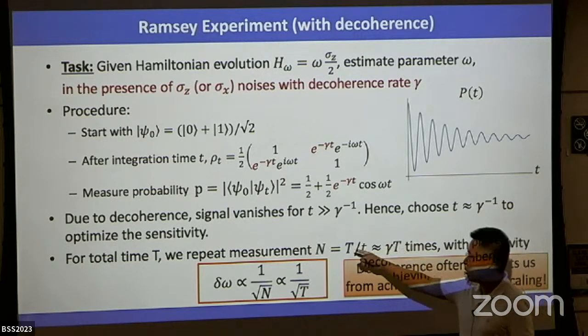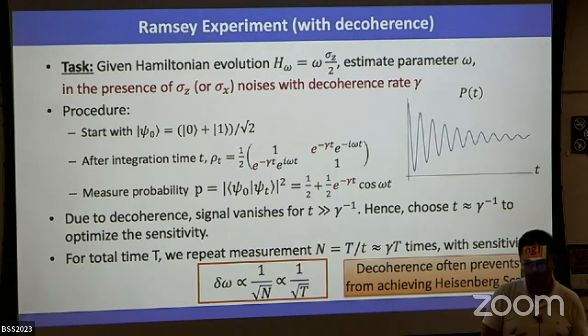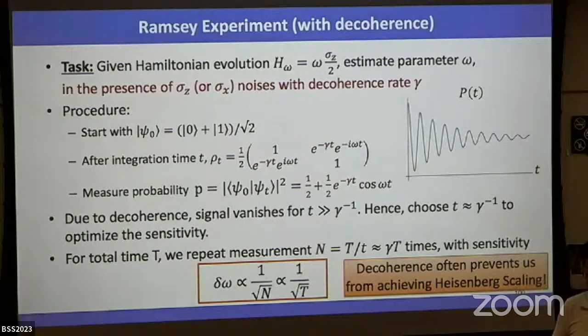Once you repeat it many times, it becomes again the classical averaging of your measurement signal, and that will suffer the 1 over square root of n because of the central limit theorem. The variance scales inversely with n, and the standard deviation scales inversely with the square root of n. So that's why decoherence typically will prevent you from achieving Heisenberg scaling.